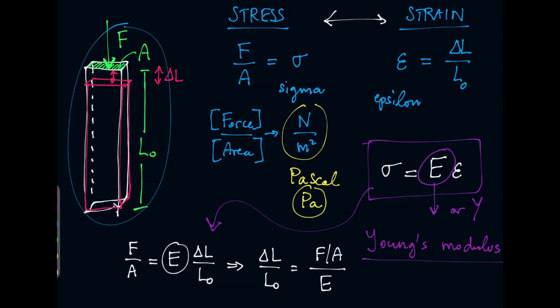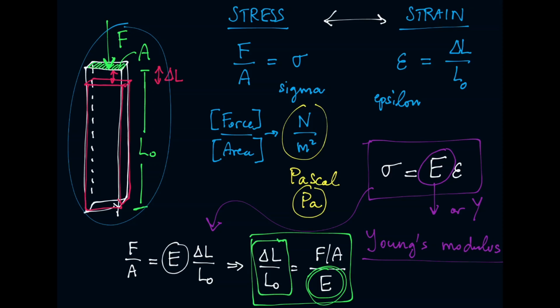And look at this. This means we can read several things from this relationship. First of all, what is the physical meaning of Young's modulus? Well, a large Young's modulus means that it's really difficult to achieve a large strain, so significant changes in the size of the object. So in a way, the Young's modulus is the ability of a material to resist changes in length, so stretching and compressions in length.